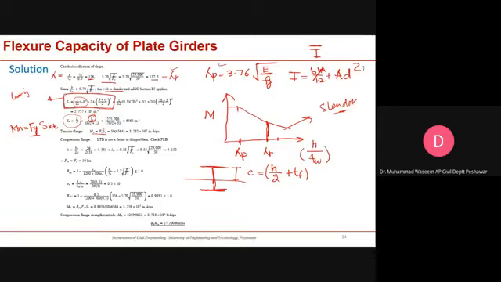So you have to relate this computation with this equation, and you can calculate I. This is for the web, and this thing represents the flanges. For an I shape you can calculate the moment of inertia using this formulation, and the C value is known.